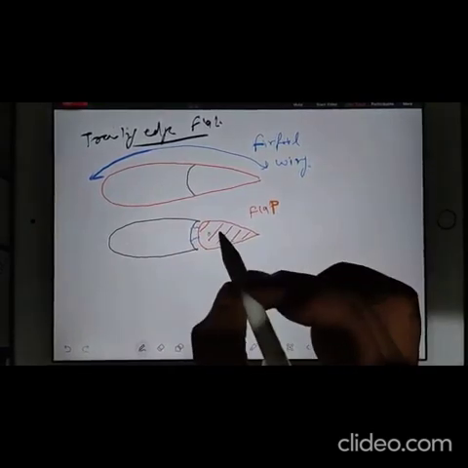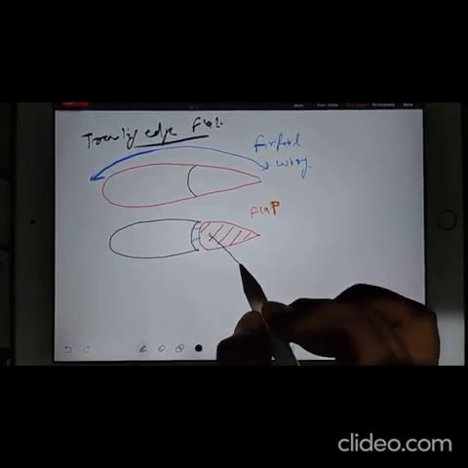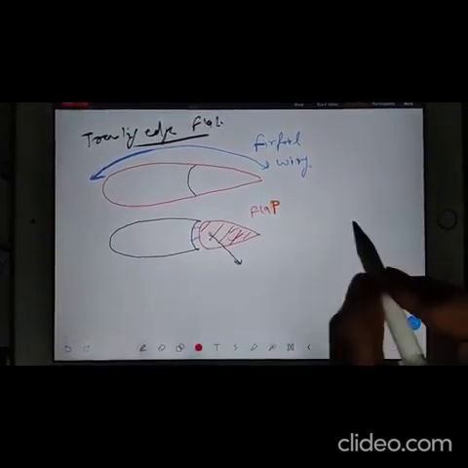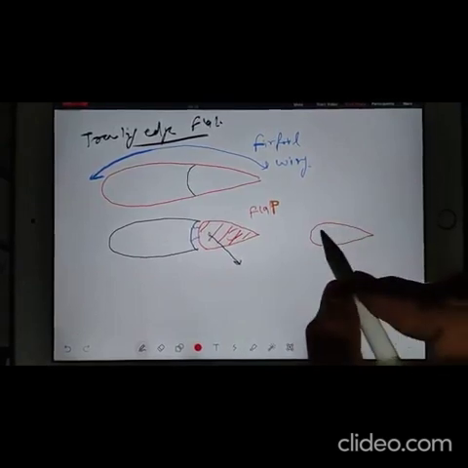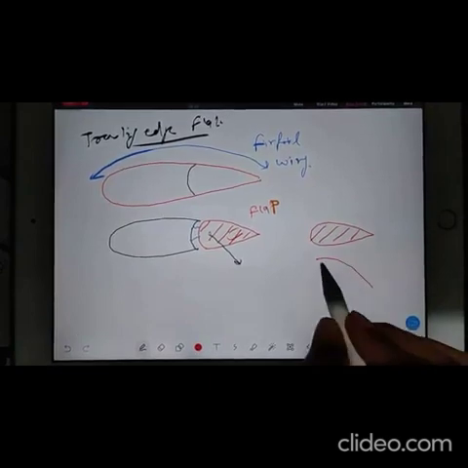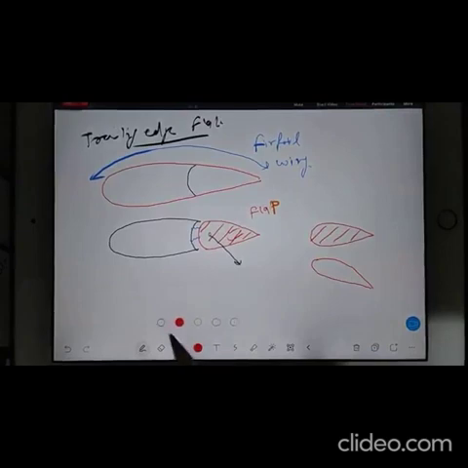Now see, when the flap goes down, if you study the flap itself, it looks like this. Then I am saying deflect the flap like this. Let's give names.